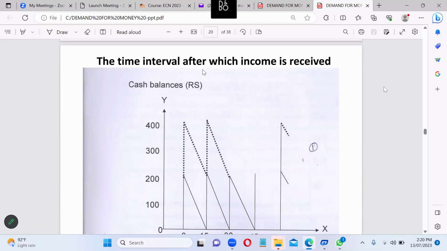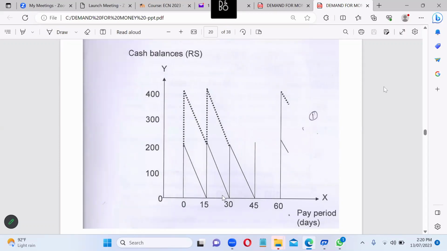This is the interval after which income is received. Once your income comes into your hand, how do you spend your money over a week or over days in the month?